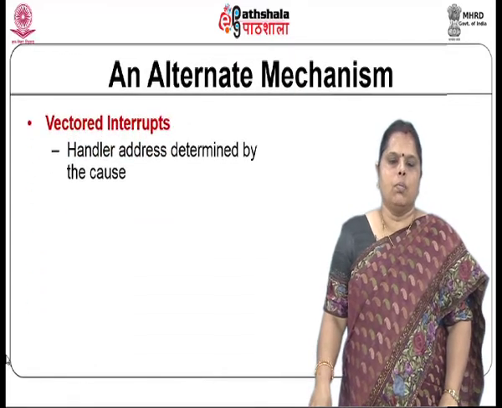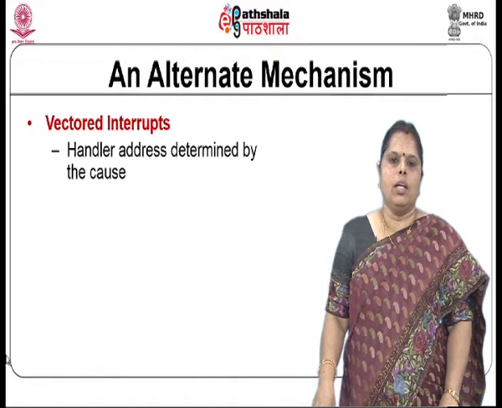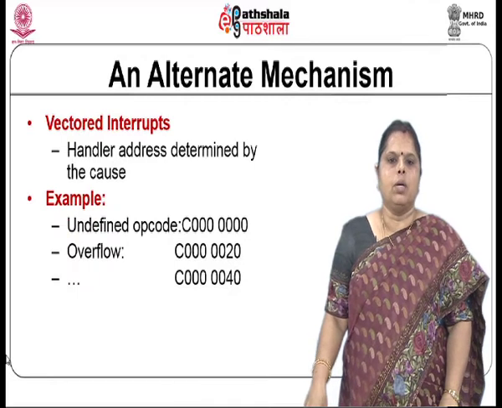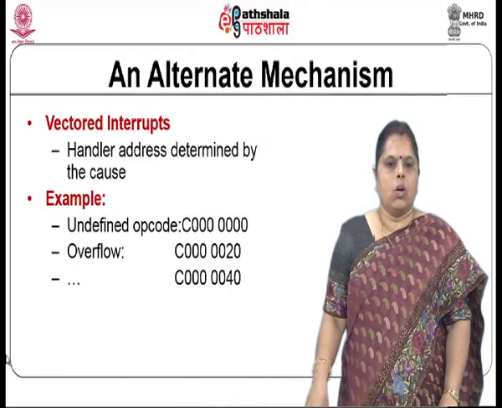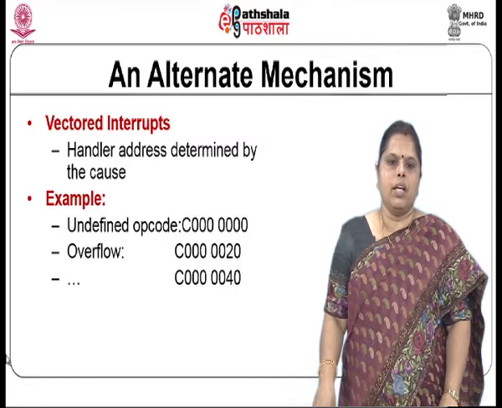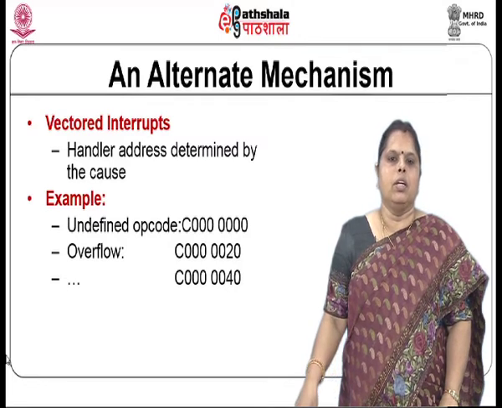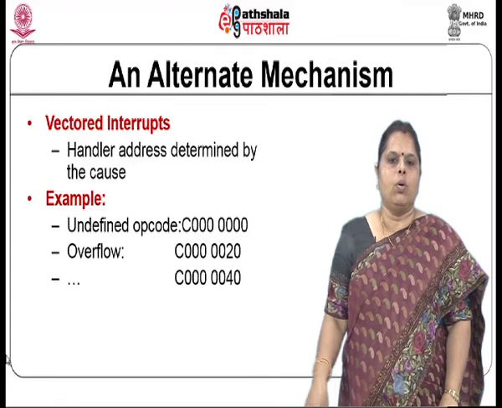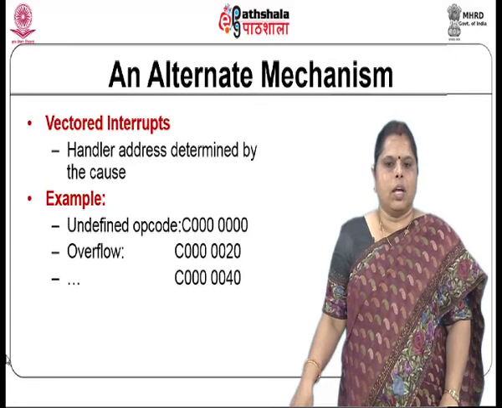Alternative to this, processors may also look at handling them using vectored interrupts. In the case of a vectored interrupt, the handler addresses are determined by the cause of the exception. So, for every exception, we are going to have a different exception handler's address. Say for example, if it is an undefined opcode, you might have one exception handler's address.